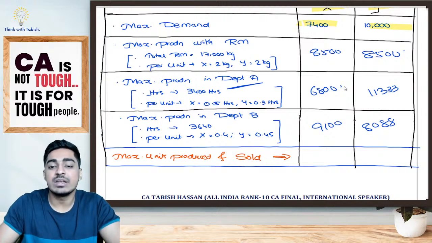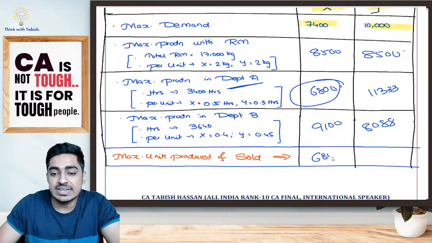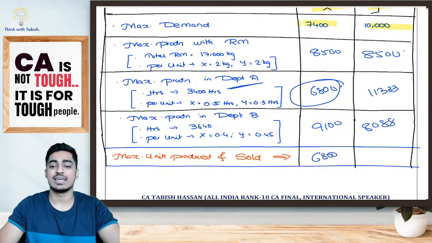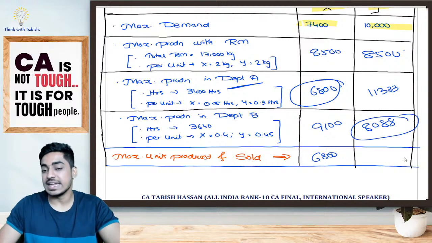Okay, so maximum how many units of X can we produce and sell? In department A only 6,800 we can do. So only 6,800 units of X we can produce. For Y, maximum how many units can we produce and sell? 8,088 units.